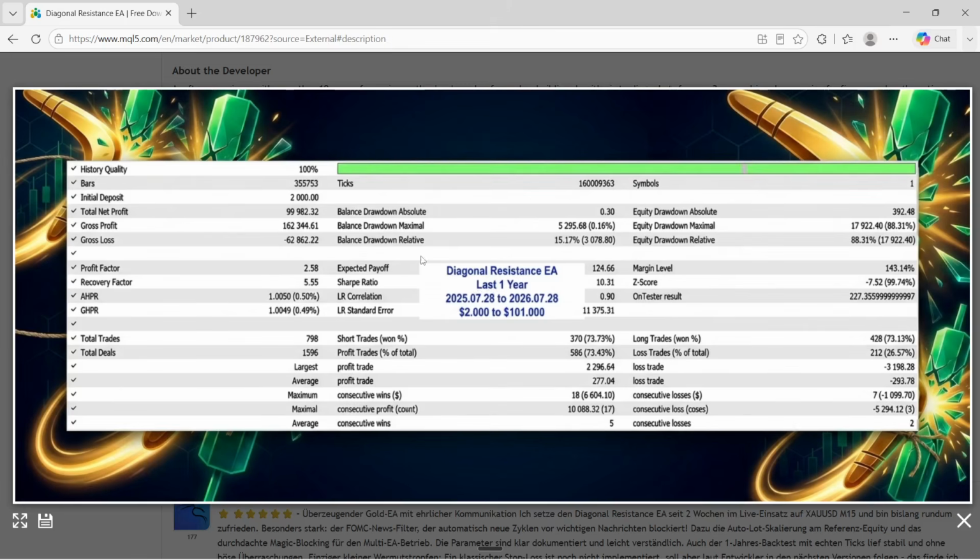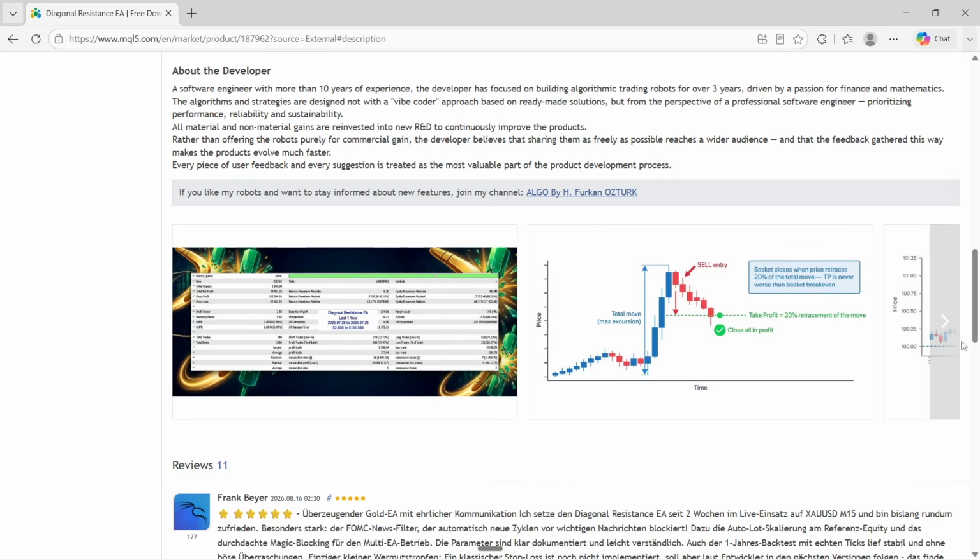This was tested for 1 year, from the 28th of July 2025 to the 28th of July 2026. All right. The profit factor was 2.58 and the balance drawdown was 0.16%.